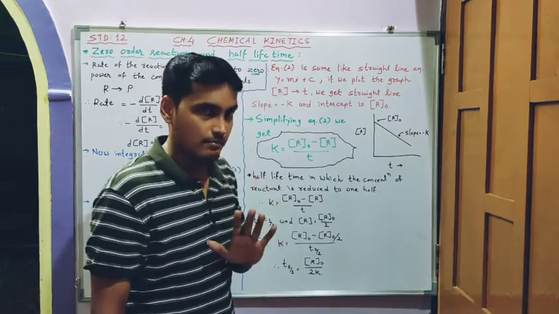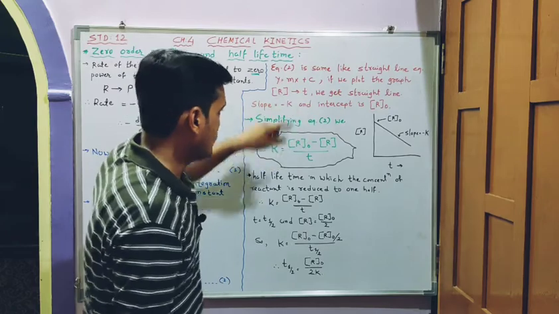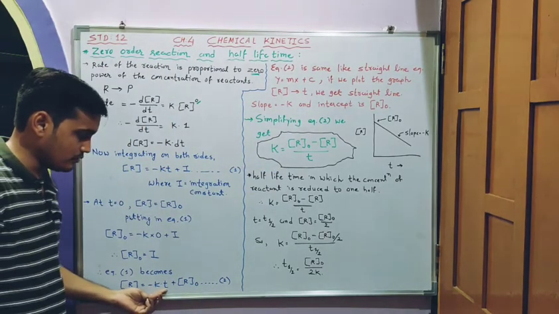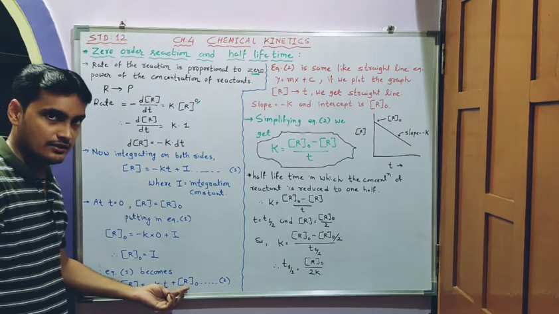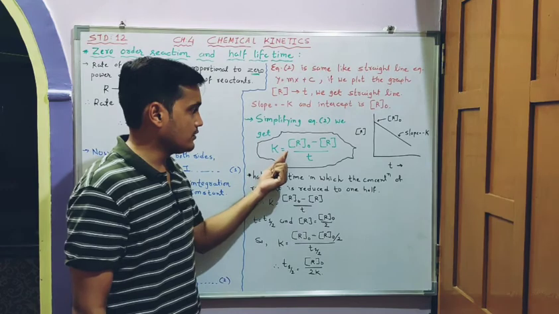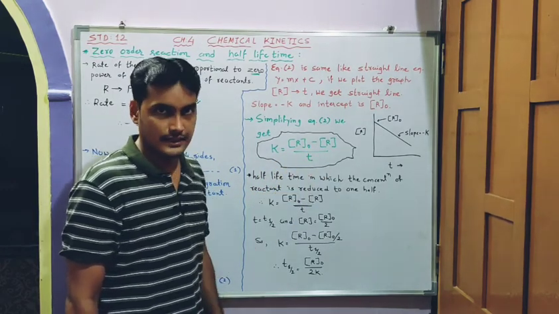You have to remember that. Now simplifying the equation number 2, our equation number 2 is R is equal to minus k into t plus R0. So we get k is equal to R0 minus R upon t.